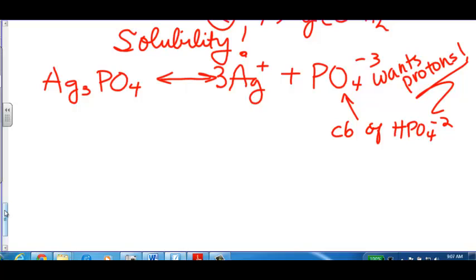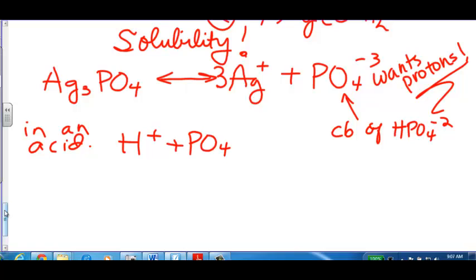So in an acid, a reaction will occur where H plus reacts with that PO4 minus 3 to produce HPO4 minus 2, and that's a reaction to completion. That's a really strong thing. So in an acidic solution, what you're essentially doing is decreasing the concentration of PO4 minus 3.